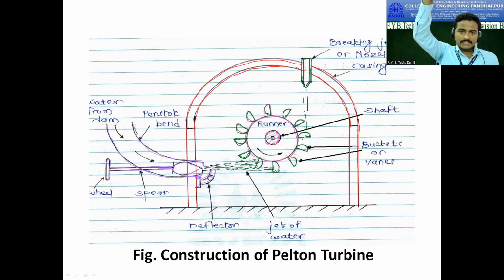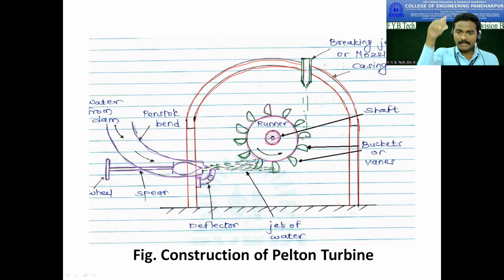The braking jet is provided at the top of the casing, and through it water flows over the back side of the bucket, and the turbine will come to rest if water flows over the buckets.